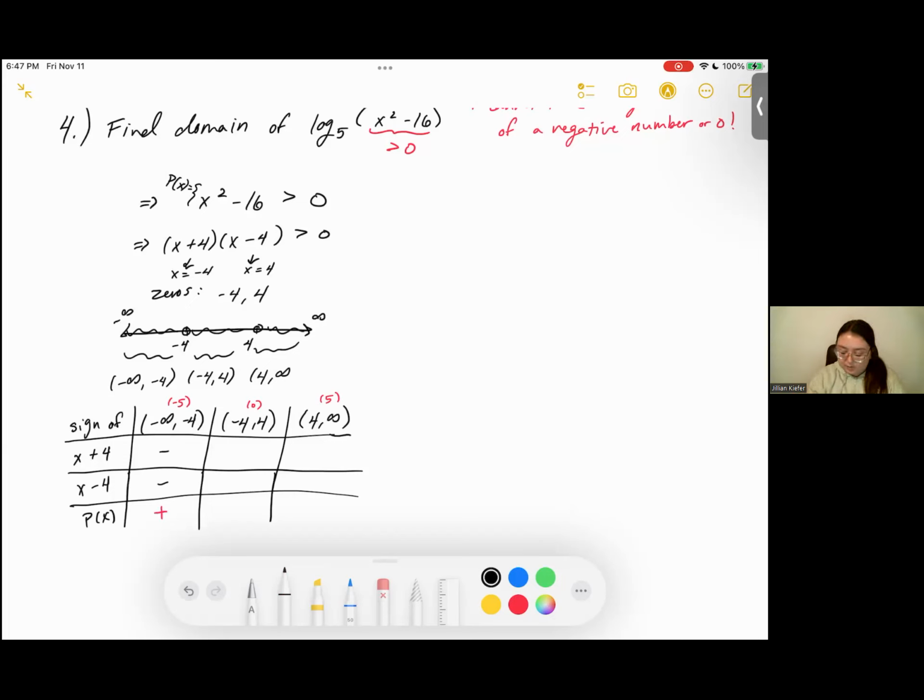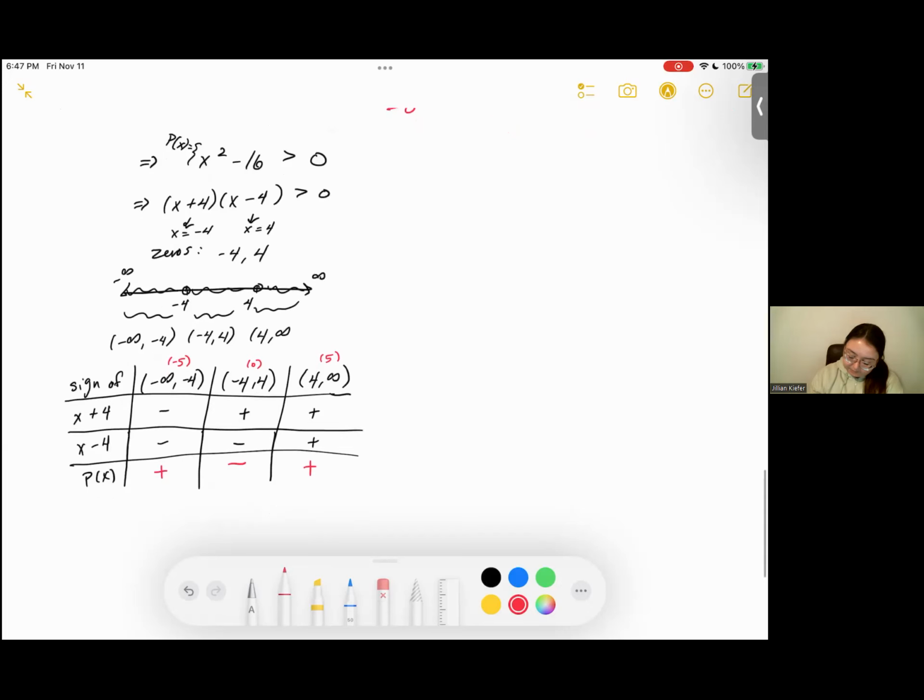Then when we have 0, 0 plus 4 is positive, 0 minus 4 is negative, which means that our polynomial is negative on the interval. Then using 5, we have that x plus 4 is positive, so is x minus 4, which means that our polynomial is also positive on that interval. And that's what we wanted. We wanted to know when is p of x positive.